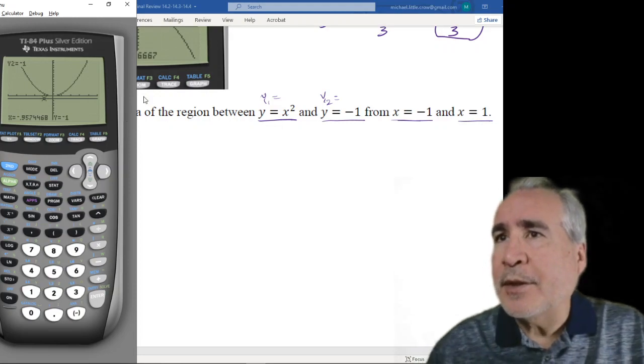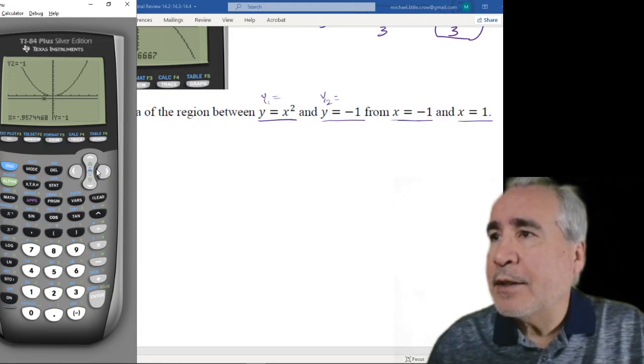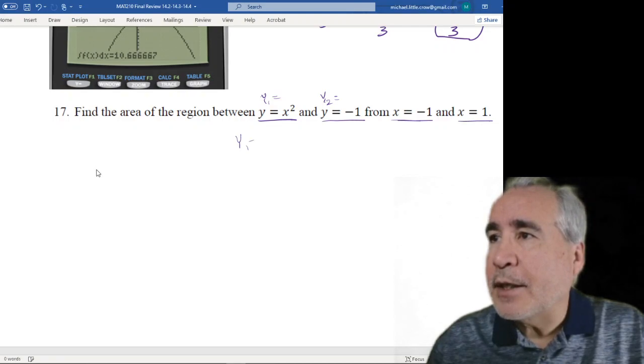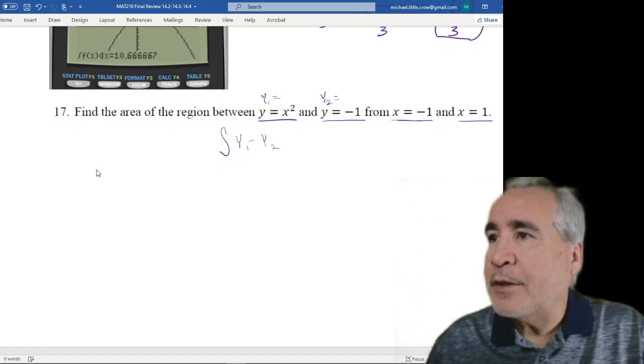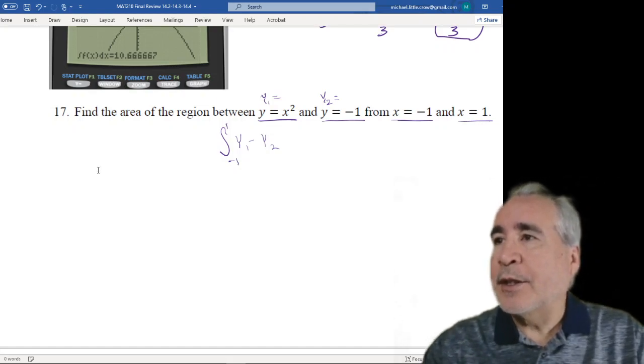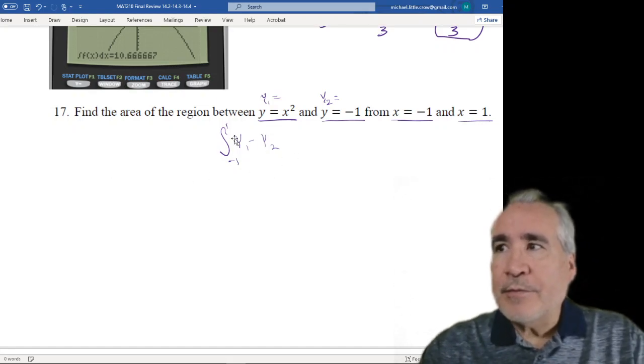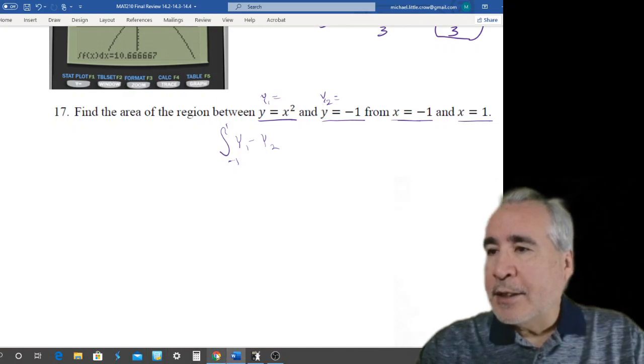Okay, so we're doing y1 minus y2, and the limits of integration are given to us from -1 to 1. We don't have to worry about switching or of which function is going to be on top or not.